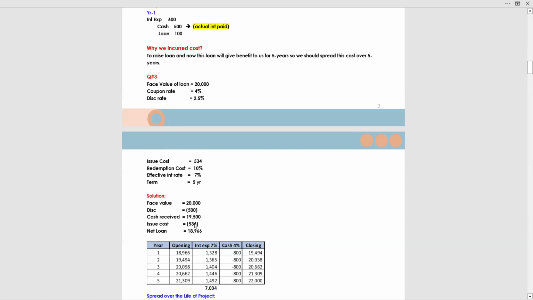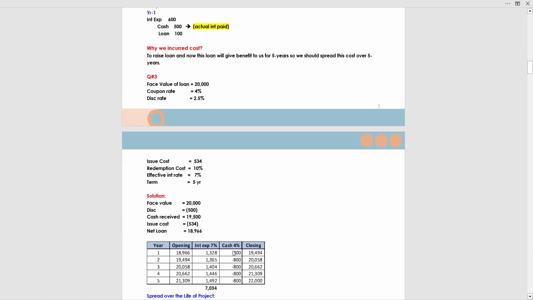We will have to deduct this cost of 534. Issue cost is incurred by the entity who is obtaining a loan. Now, the net loan is 18,966.